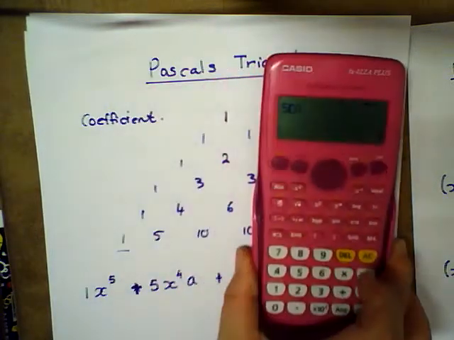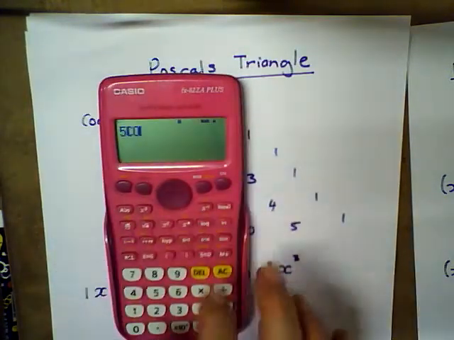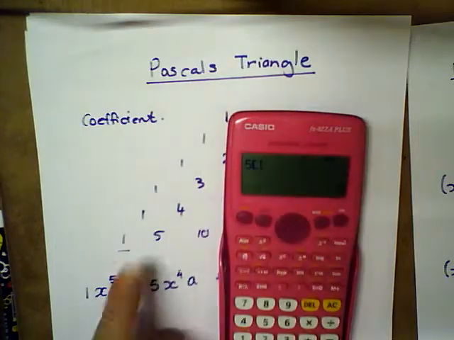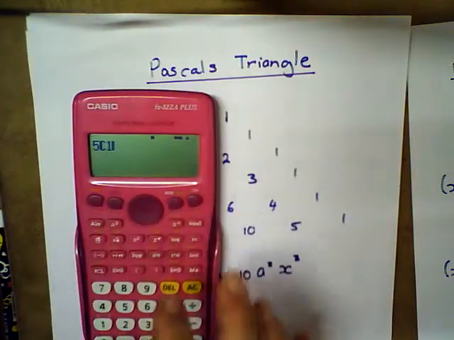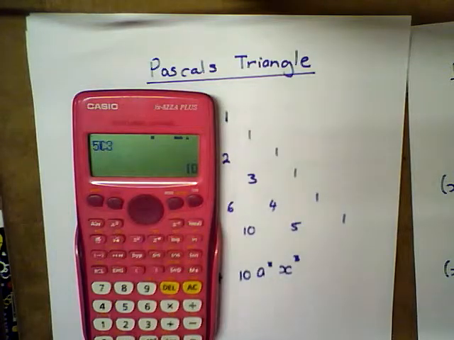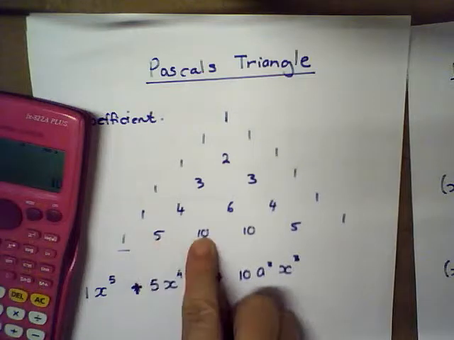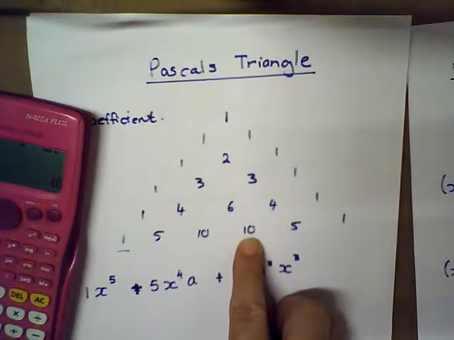That is my first coefficient here. If I do that for my second one and I change it to a 1, that would give me 5. The coefficient would be 5, and so forth. So the coefficient of a cubed would be 10, and that's exactly what we found here. 1, 2, 3. Or 0, 1, 2, 3. So that would give me my coefficient there for that term.